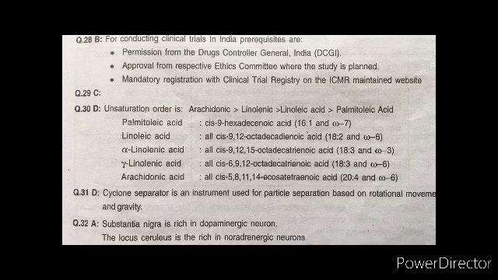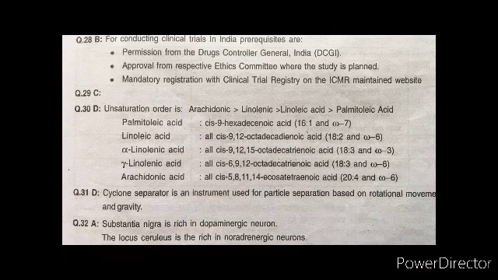Alpha linolenic is all cis 9,12,15 octadecatrienoic acid, and gamma linolenic is all cis 6,9,12 octadecatrienoic acid, whereas linoleic is all cis 9,12 octadecadienoic acid, and palmitoleic is cis 9 hexadecenoic acid. So obviously the correct order will be arachidonic having more unsaturation than linolenic, than linoleic, and finally palmitoleic acid.